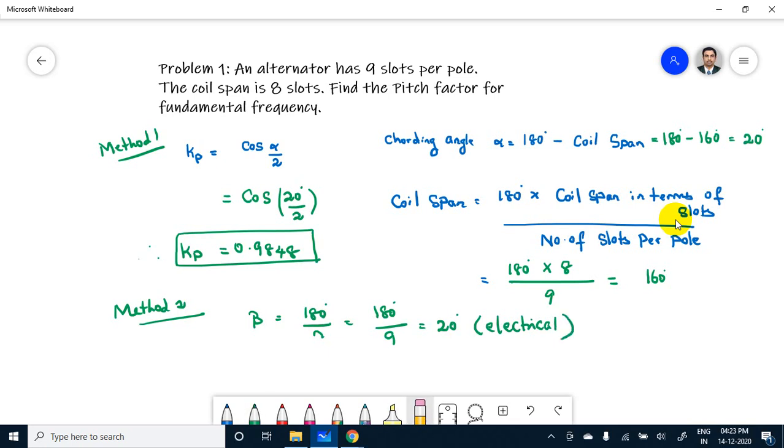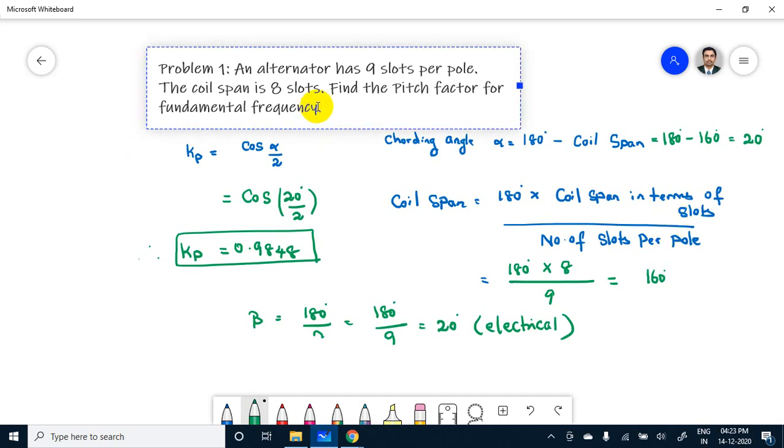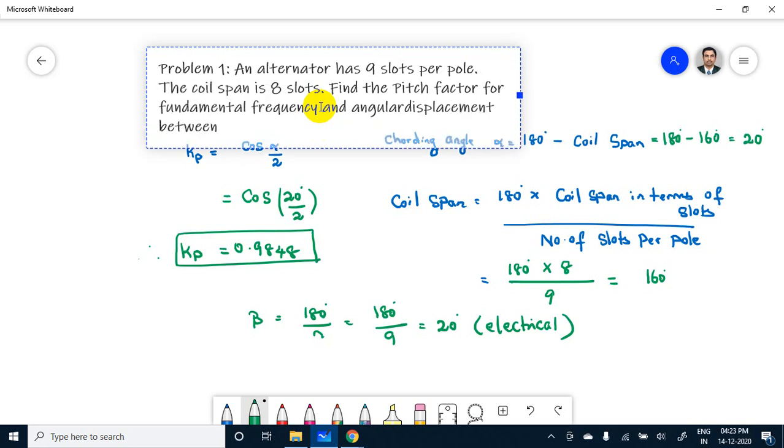Better don't mention this as method 1 and method 2, that is somewhat confusing. In your examination, I can mention: find the pitch factor for fundamental frequency, and there will be one more question, the angular displacement between the slots.